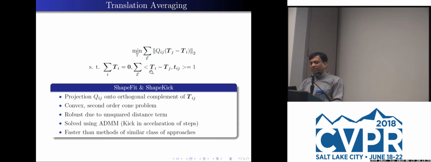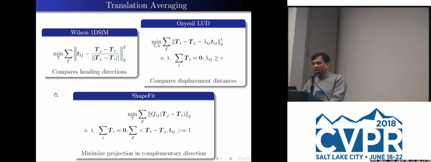Notice the difference in how they impose the scale constraint here. Yeah, so they take the absolute difference of translations and take its dot product with the heading directions that you observe, and then they demand that all of this is scaled to some constant. Okay? Now you would think that, why should it make a very big difference? And so they've shown that their method was faster than the previous one that I mentioned.